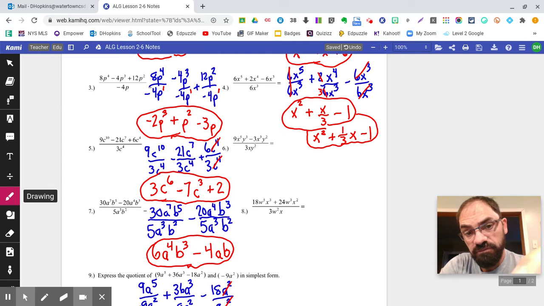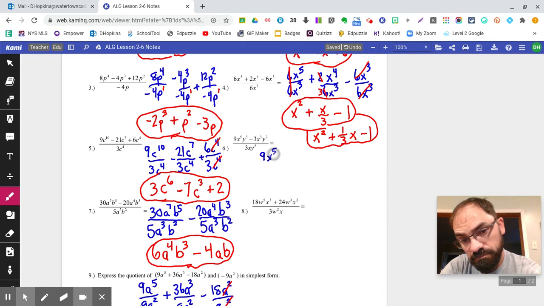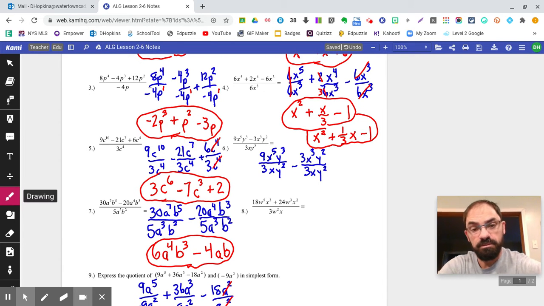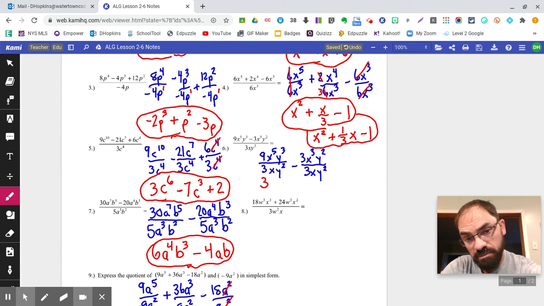So 9x to the fifth y cubed. 9 divided by 3 is 3. 5 minus 1 is 4. 3 minus 2 is 1.